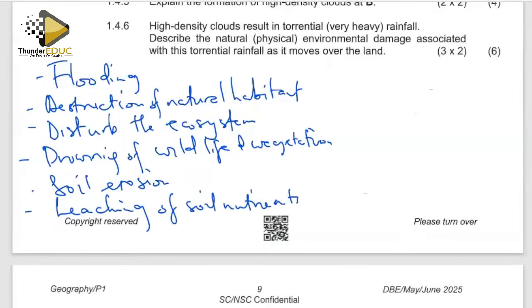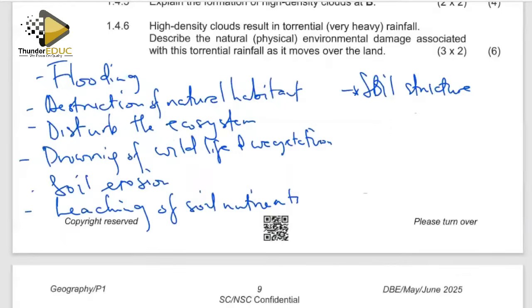So if you check, those are some of the implications that are brought, or we can talk of destruction of soil structure. It can be destroyed or can be negatively impacted because of excessive rainfall. So those are some of the implications that you need to talk about.